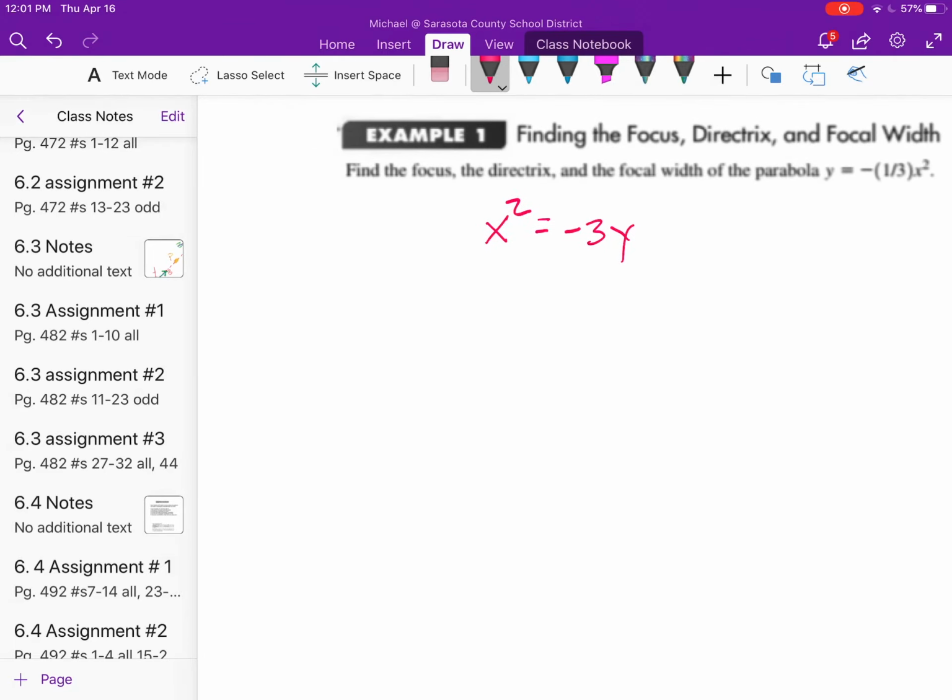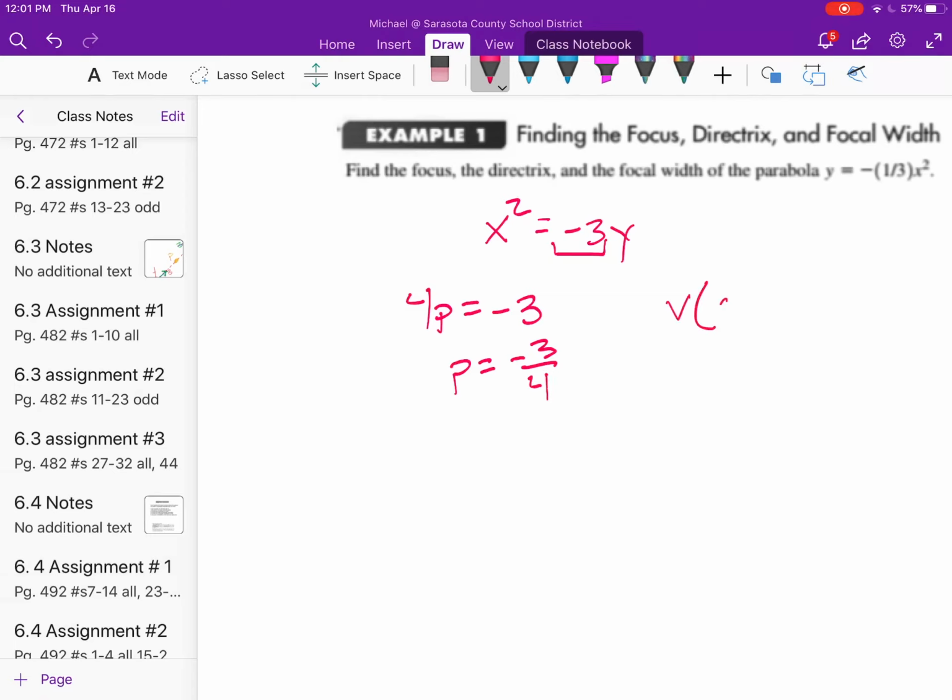All right, so from that point, we now see that the coefficient of the y is going to be equal to -3. But really, this is the 4p in the little formula that I was showing you before. So 4p equals -3, and so p has a value of -3/4.